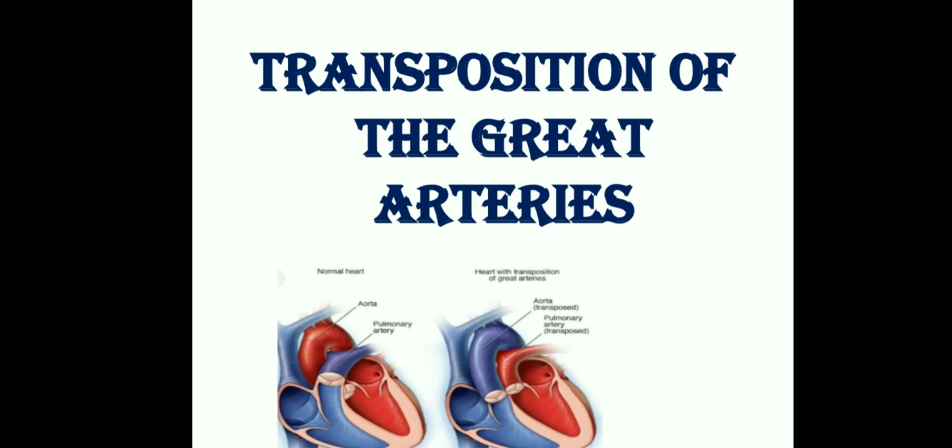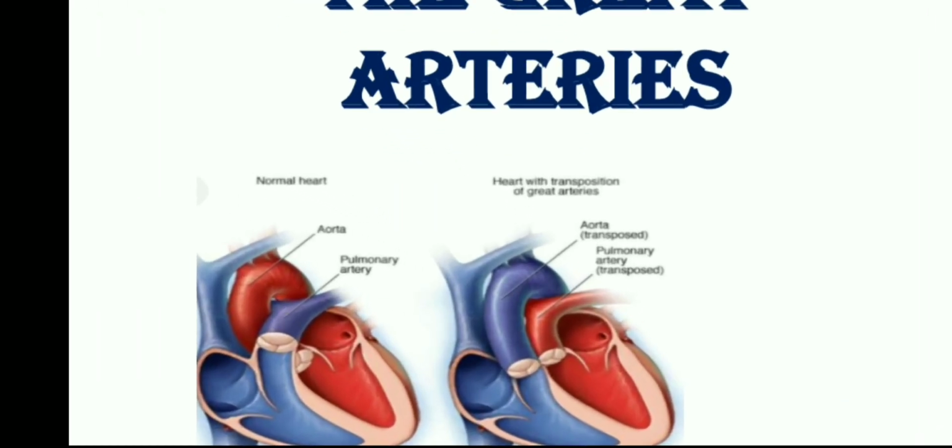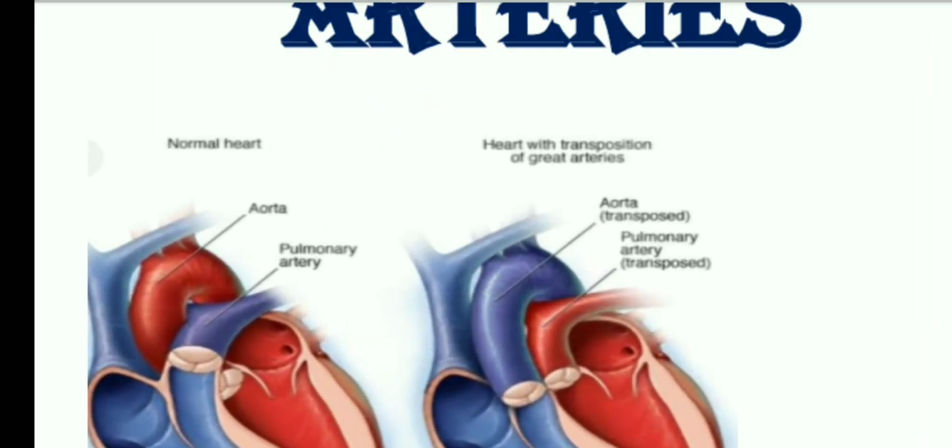In this transposition of great arteries, the two main arteries leaving the heart are reversed. What are the two main arteries in the heart?